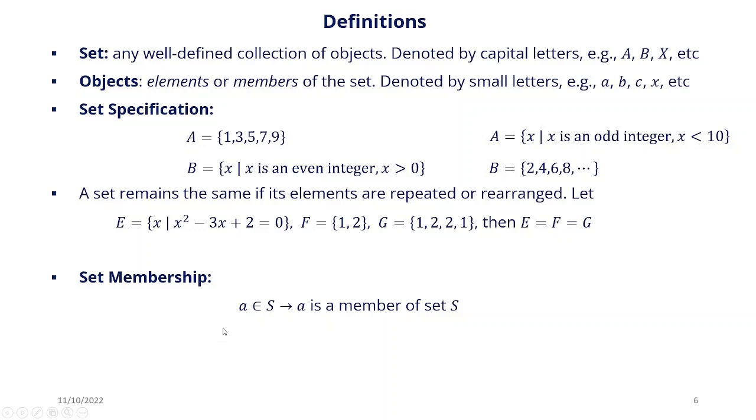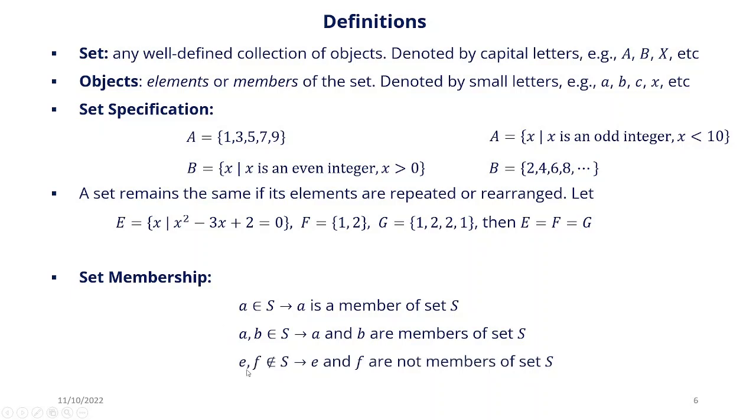Just like in Python, when we want to check whether something is in a list, we say if x in the list. So this is the "in". And this arrow you see pointing to the right means implies. We can also say a, b in S implies that a and b are members of set S.